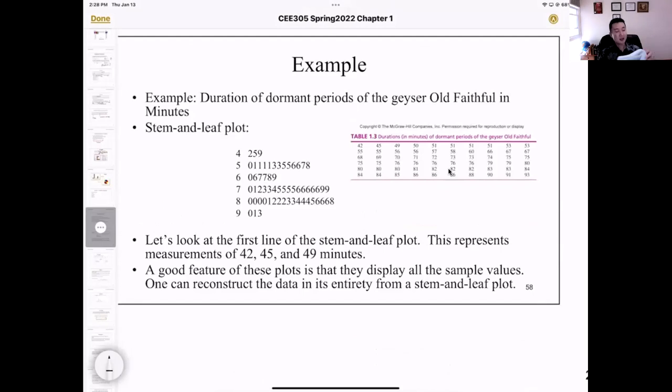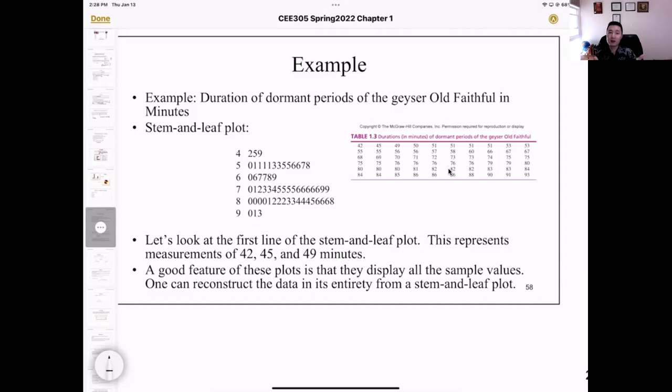This is data showing the duration of the dormant period of the geyser Old Faithful, in minutes. Old Faithful is a very famous geyser in Yellowstone National Park. It erupts every certain number of minutes.